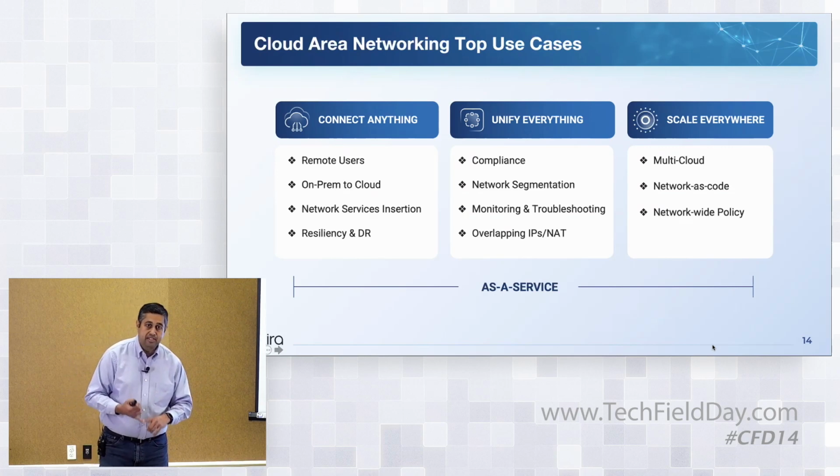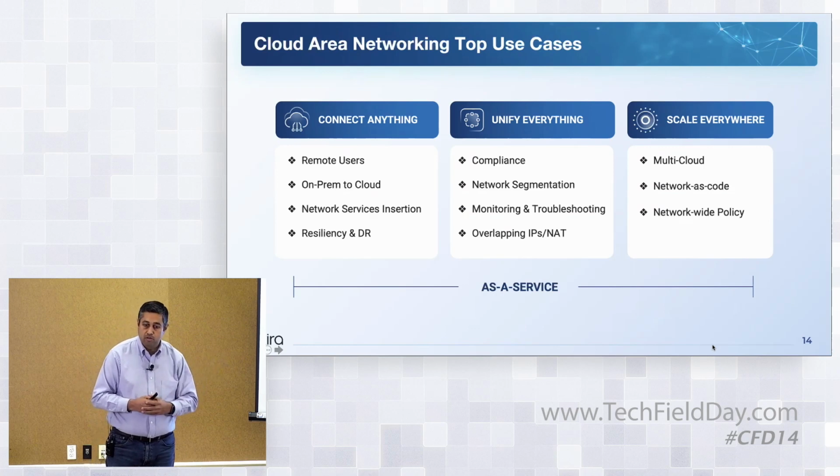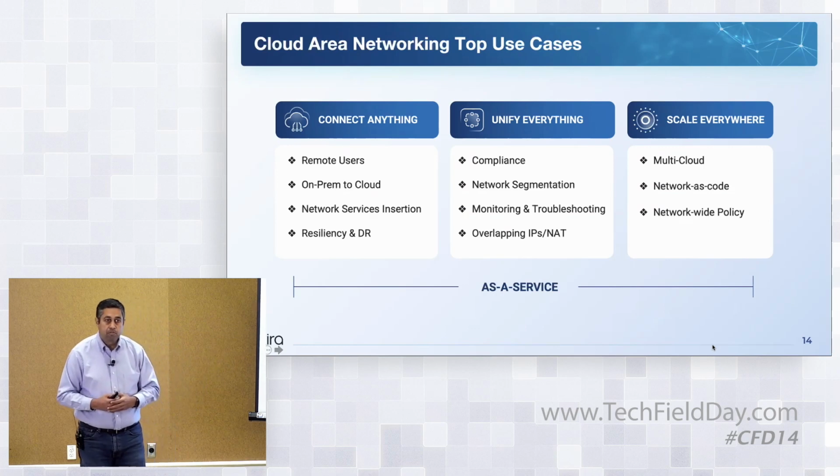You can connect your branches and campuses using SD-WAN vendor of your choice, and we integrate into SD-WAN. You can bring it through standards-based IPsec. Let's say you have a third-party partner who has a different SD-WAN network, and you don't want to connect to that SD-WAN network. You can just connect your third-party partner into the Alkira fabric using IPsec.